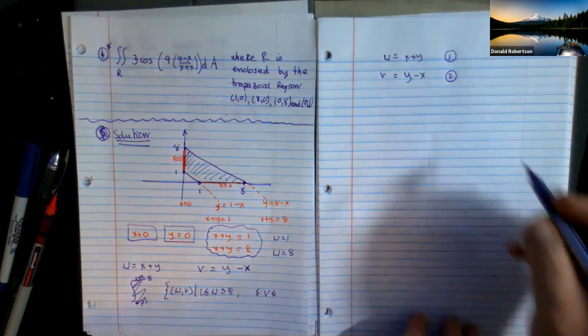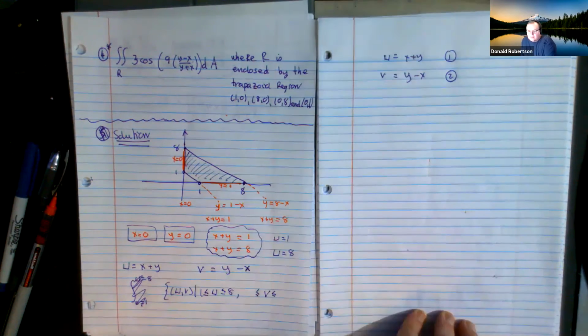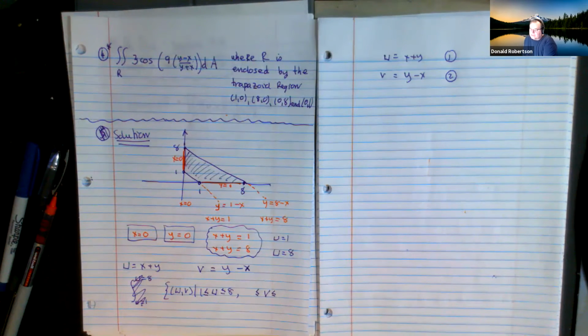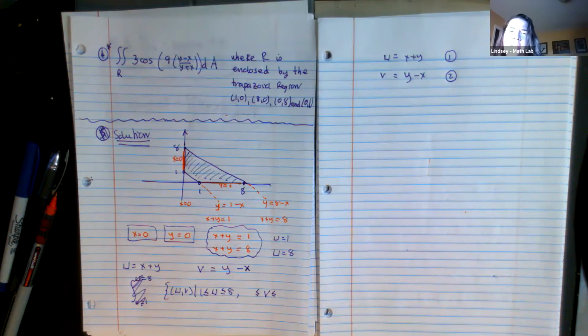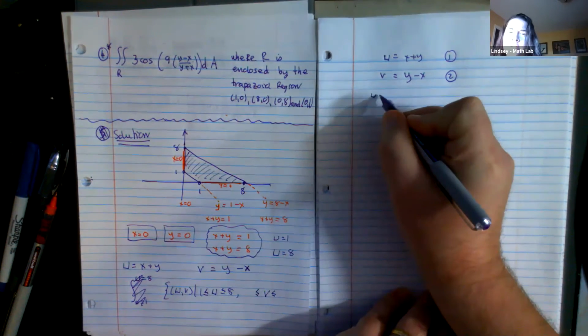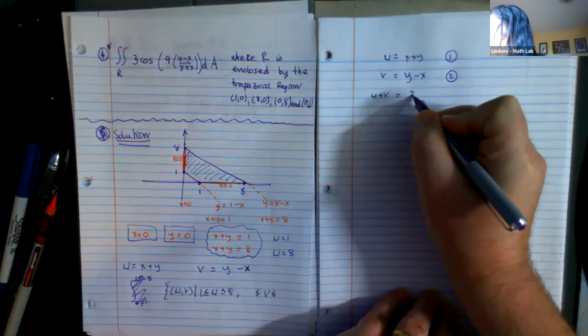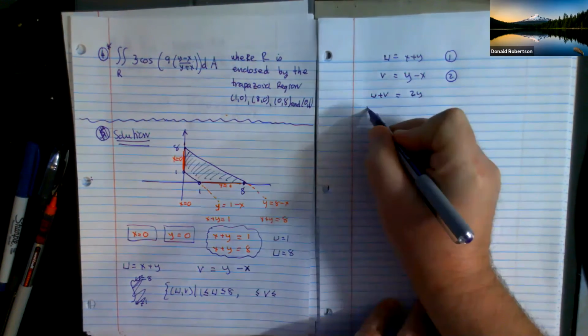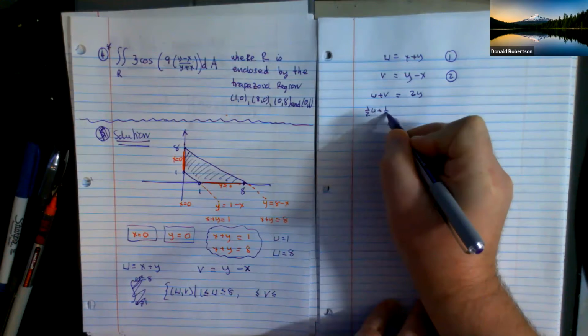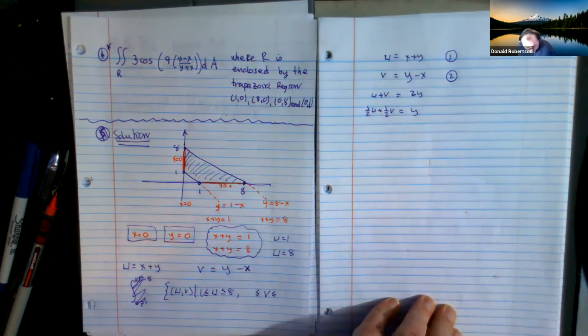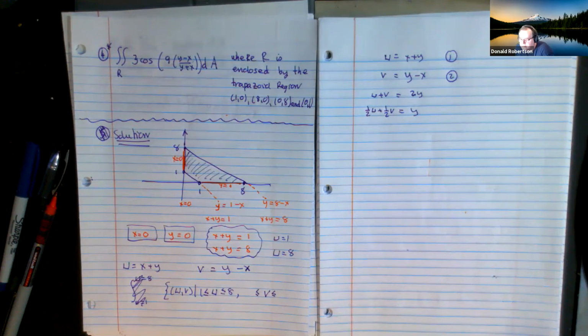So looking at these two equations, I want to solve for x and then I want to solve for y. Think system of equations here. Actually, these are very nicely set up, aren't they? Yeah, you could just add U and V to get rid of x, right? Correct. Which means then that y is a half U and a half V. Agreed?